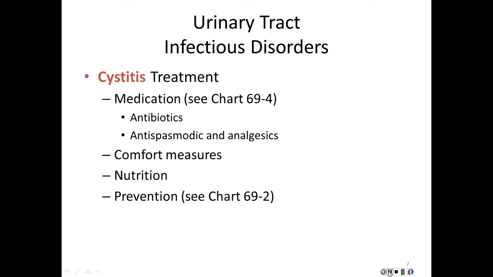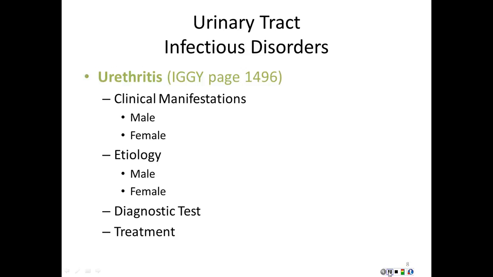So you probably are not going to see any type of medication used to prevent that type of problem. Good soap and water, good care, keeping the perineal area clean. If these patients are incontinent of stool, making sure we're cleaning them up as quickly as possible to do those things. Let's move into urethritis.